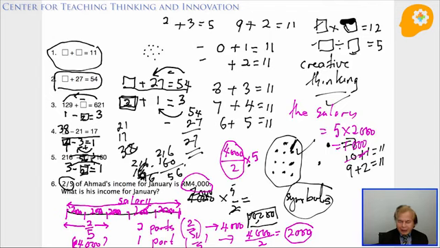And if he or she is very well versed, you can figure out very easily: I want to find one part, which is 4,000 divided by 2. And once I get one part, I will multiply by 5. So that's how things go when you equip your children to think.